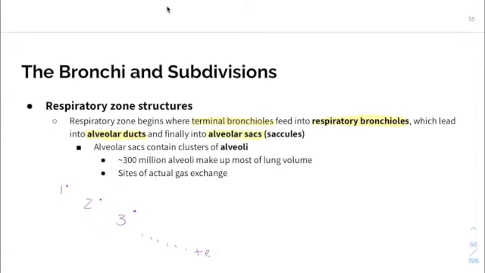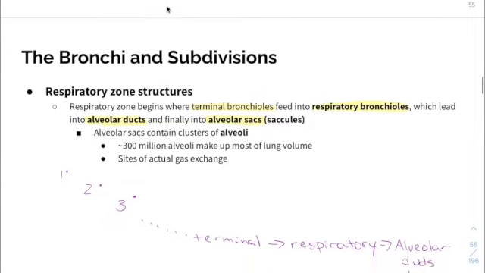You get your terminal, which feed into respiratory bronchioles, which lead into alveolar ducts, which are finally going to go into those alveolar sacs.